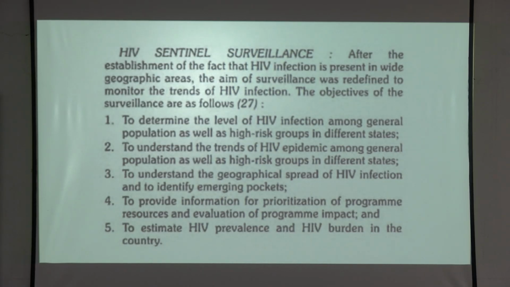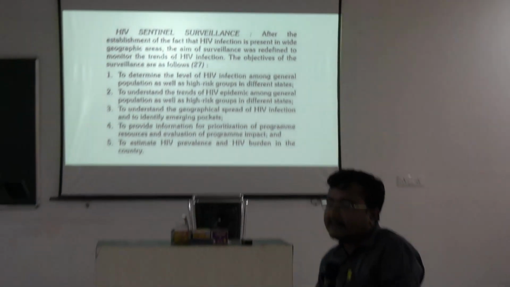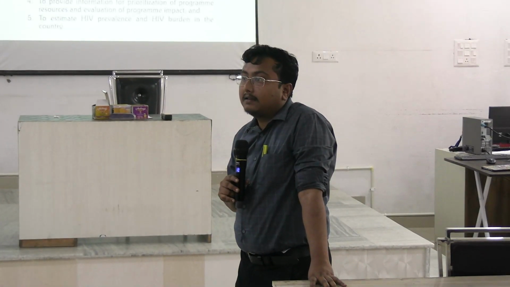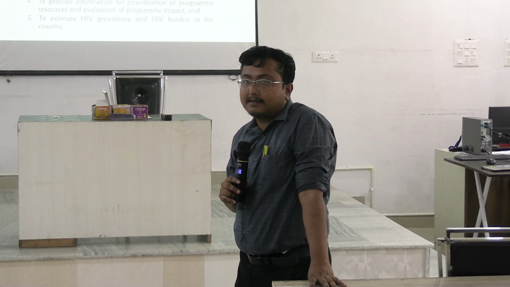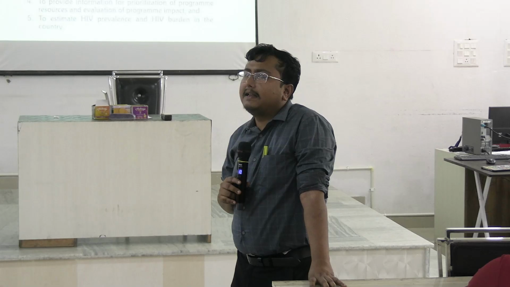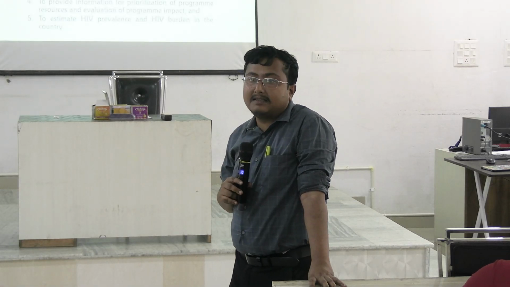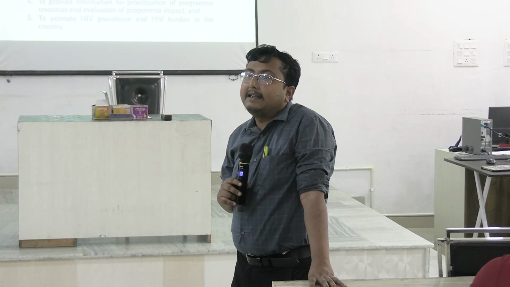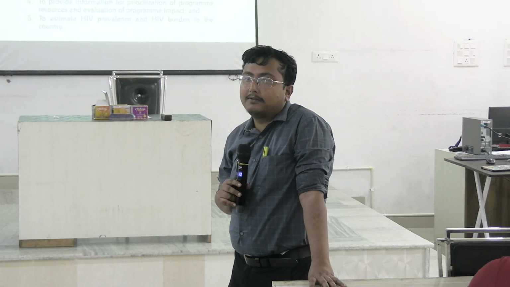Among them, HIV Sentinel surveillance is the prominent one, and it might come as a short note. What are the 6 types? First is HIV Sentinel surveillance, then HIV sero surveillance, third AIDS case surveillance, fourth STD surveillance, fifth I think is behavioral change surveillance, and sixth one is integration with other surveillance.